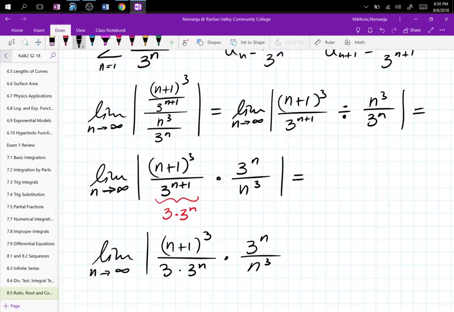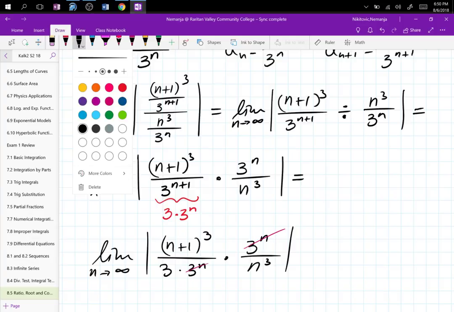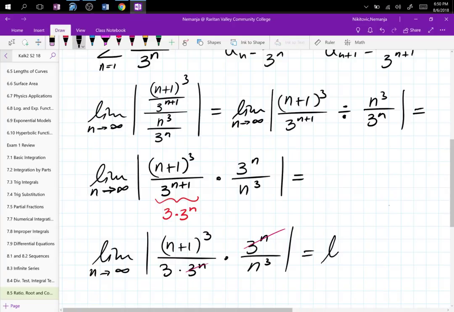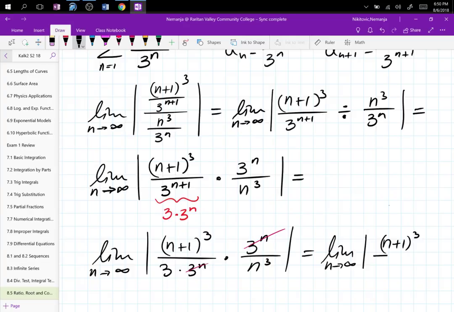And you see that 3 to the n cancels. Yay! 3 to the n cancels, leaving us with the limit as n goes to infinity of the absolute value of (n+1) cubed divided by 3 n cubed.